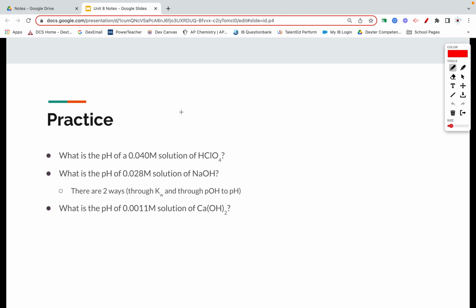So we just know that when we have chloric acid, it is going to completely dissociate into the chlorate ion, which is negative, and the hydronium ion. Because it's strong, it completely dissociates. We can also see from this that it's a 1-to-1 ratio. So the concentration of our chloric acid is equal to the concentration of our H3O plus, our hydronium. So this makes it an easy one.